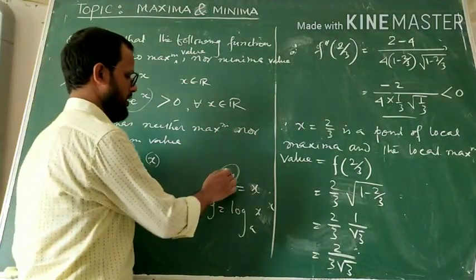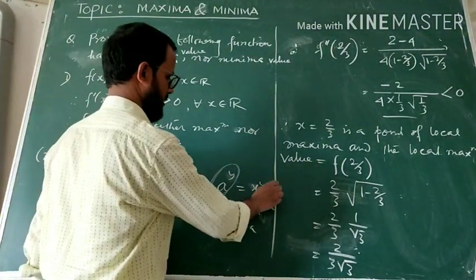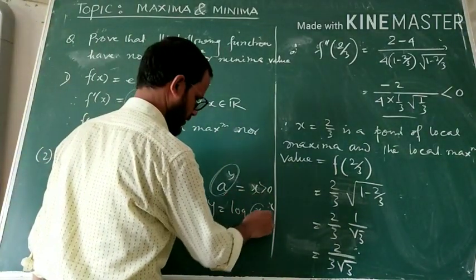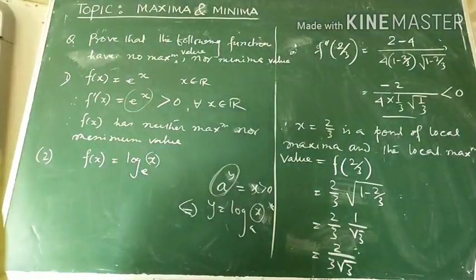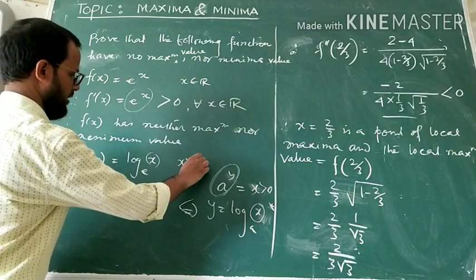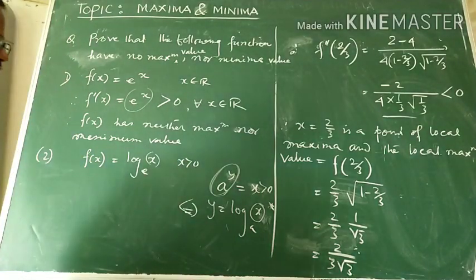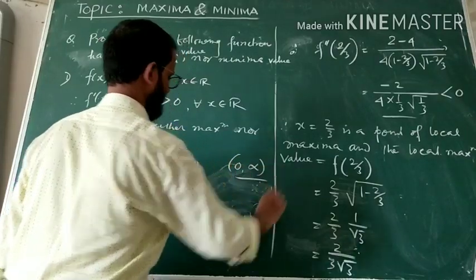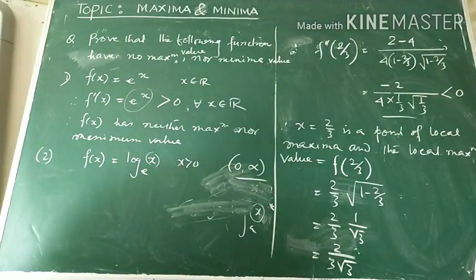So a to the power y is always positive, that means x is a positive quantity. So in the definition of log, x is always positive. The domain of the function is 0 to infinity.